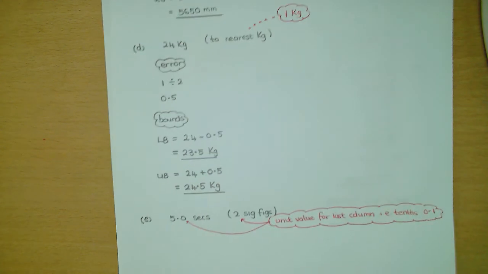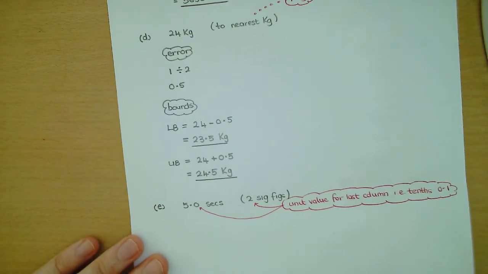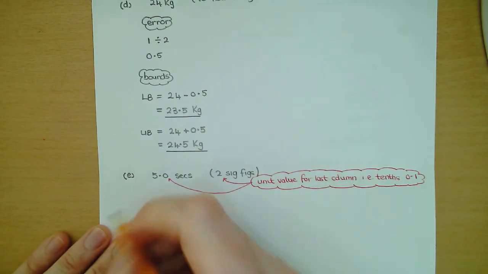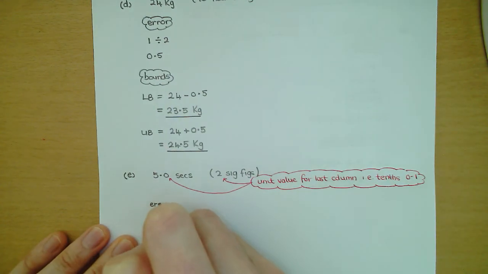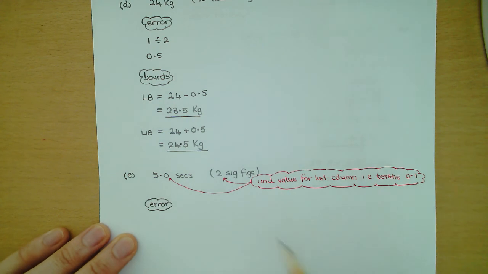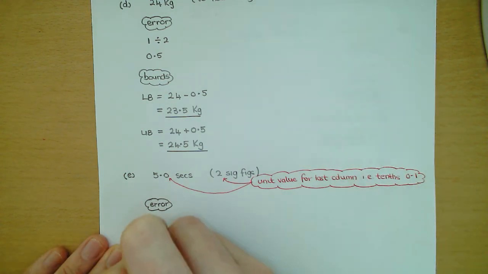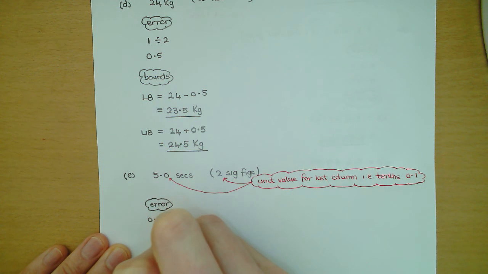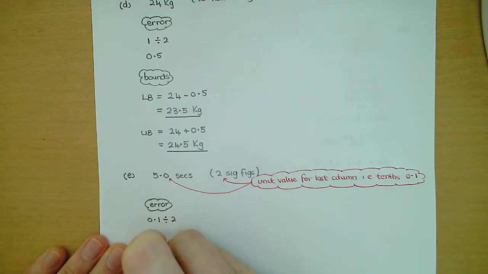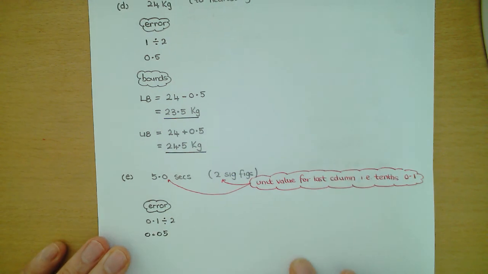Okay, so to get the bounds, we need to work out our error. So the error is the rounding divided by 2, 0.1 divided by 2. So that's going to give us 0.05. And then we can get our bounds.